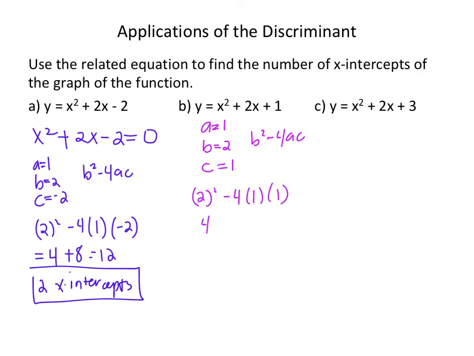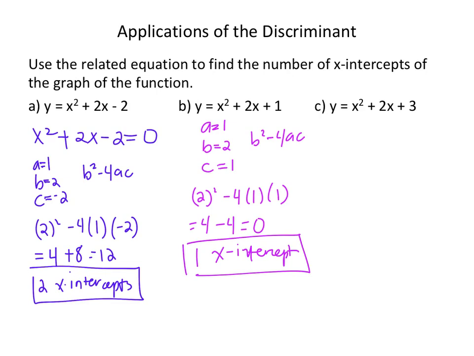We have 4 minus 4 is our discriminant, so we have 0. And so since my discriminant is equal to 0, I have 1 solution. So I'll have actually 1 x-intercept. And when we only have 1, it's actually occurring at our vertex.